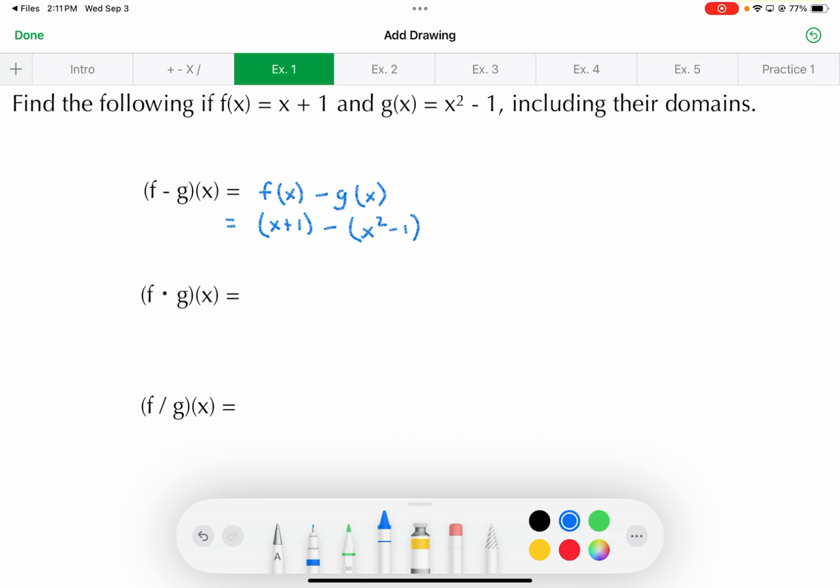Notice my use of parentheses here, very important, because that shows I'm supposed to distribute this negative into g of x. That's going to give me x plus 1 minus x squared plus 1. And, of course, I got some like terms there that can combine. Here's my result.